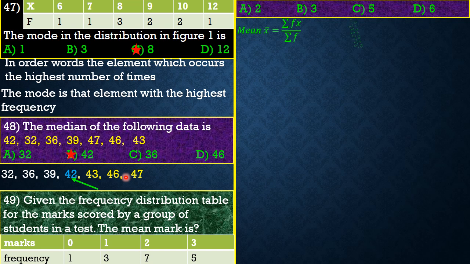Same for f, summing all the f values. If we do that, we have 1 times 0 gives us 0, plus 1 times 3 gives us 3, plus 2 times 7 gives us 14, 3 times 5 gives us 15, over the sum of the frequencies, that is 1 plus 3 plus 7 plus 5. Doing that gives us 32 over 16, which reduces to x bar equal to 2. So guys, option A is the best answer.